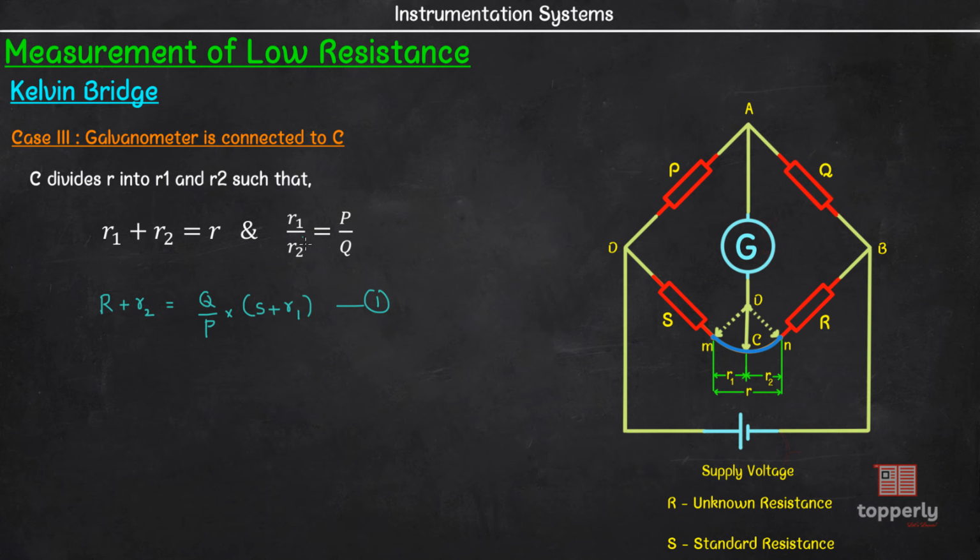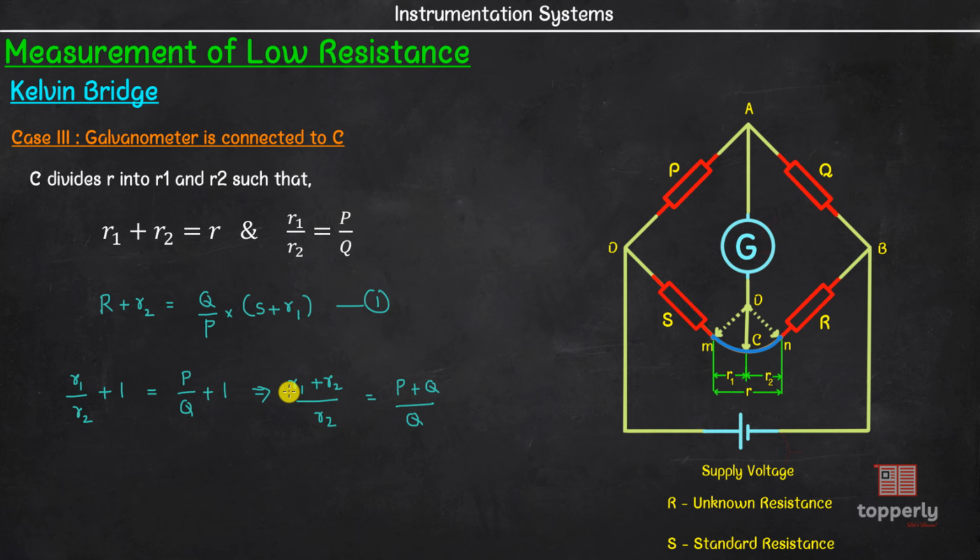If we add 1 on both sides of this equation, it becomes R1 by R2 plus 1 is equal to P by Q plus 1, which gives us R1 plus R2 by R2 equal to P plus Q by Q. Now we know that R1 plus R2 is equal to small r.